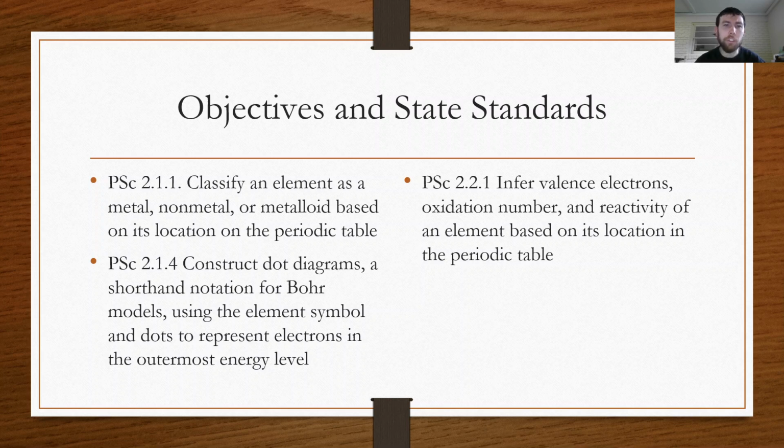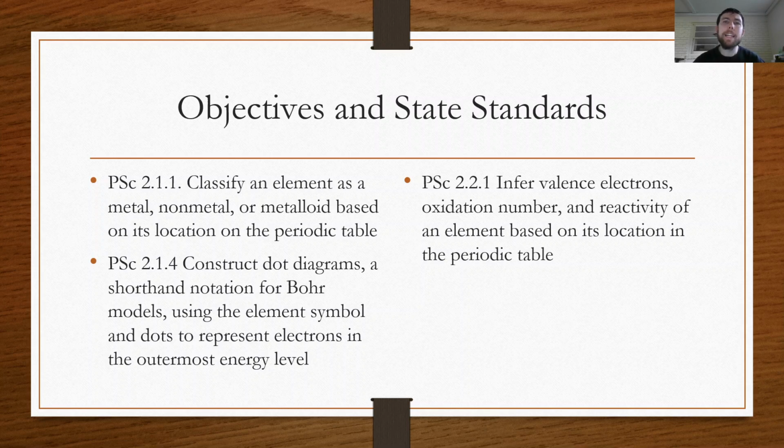Next, you need to be able to construct dot diagrams, which is a shorthand notation for Bohr models that uses the element symbol and dots to represent the electrons in the outermost energy level. All right, and the really cool thing about that is it's going to build on the understanding that you developed in the previous unit.